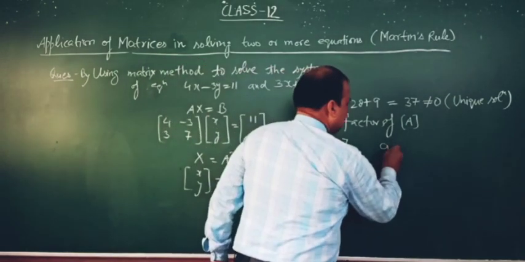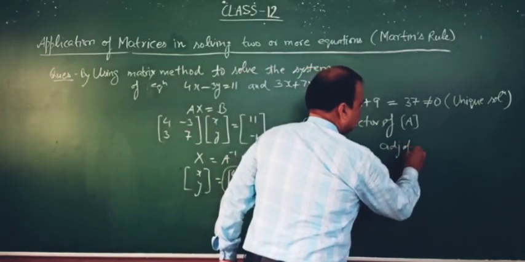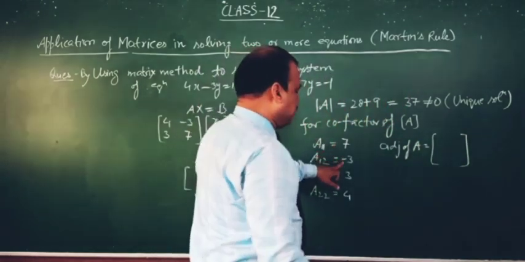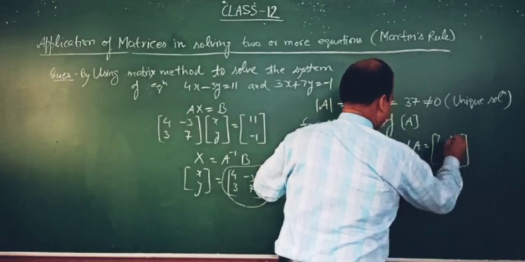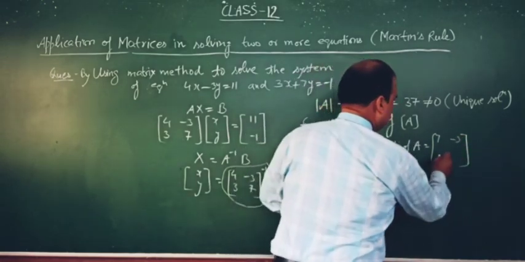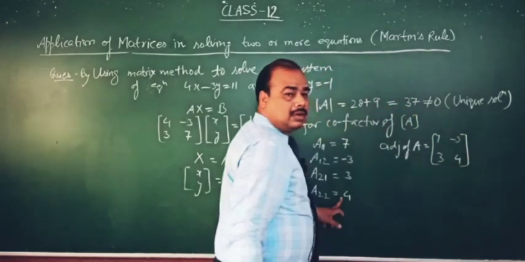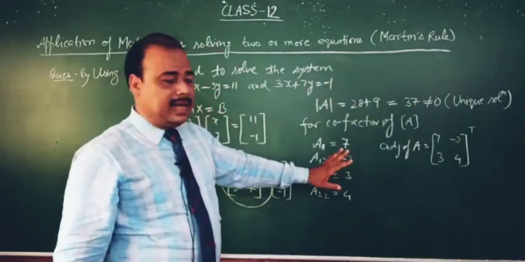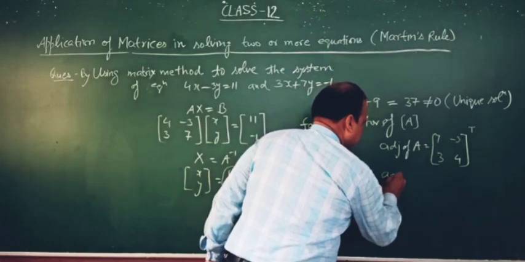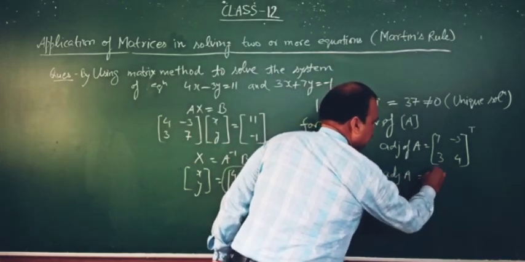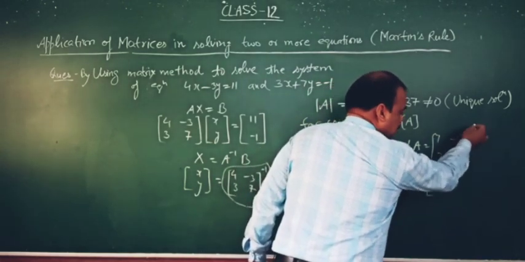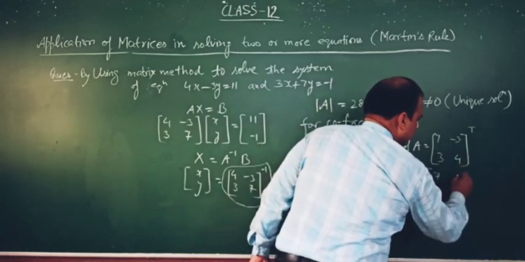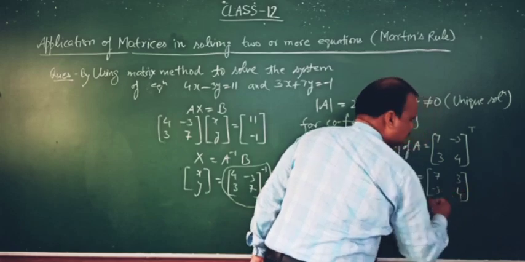Now, adjoint of A equal to 7, minus 3, 3, 4. The transpose of this matrix will be the adjoint of A. Now, adjoint of A equal to the transpose, it means 7, minus 3 and 3, 4.